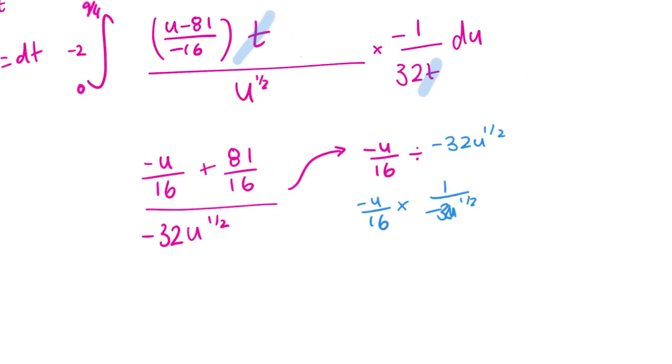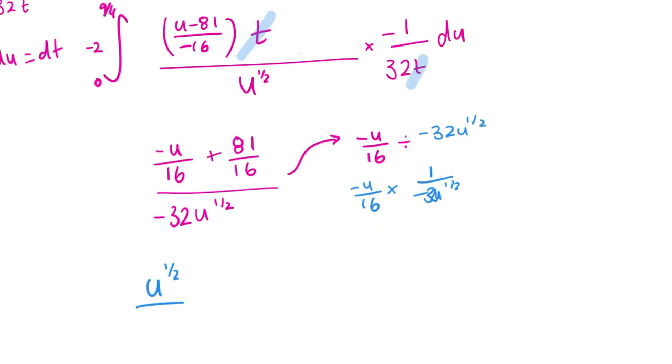So we're going to get positive u to the half divided by, well, 16 times 32. That seems outrageous. Yeah, and that's why I saw 16 times 81 over 16 all over minus 512. Wait, hold on. Why did you say?